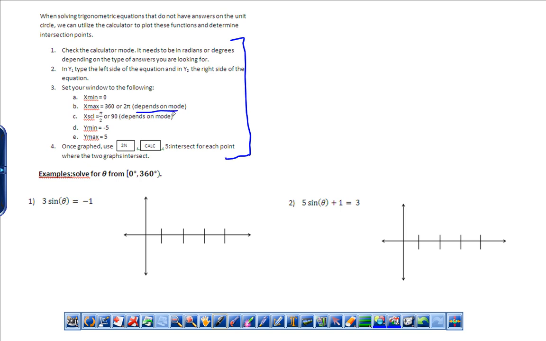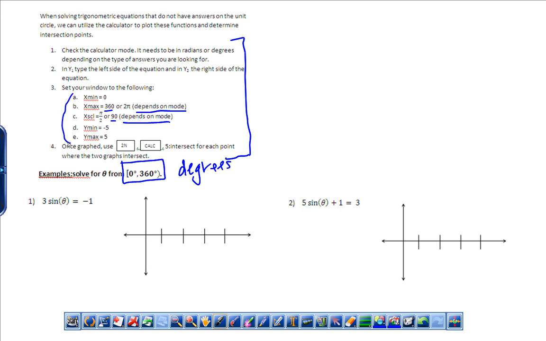This right here says depends on mode. You know your mode by this. So these two problems are going to be done in degree. If you're in degree, you're going to use 360 and 90. If you're in radians, you're going to be using the 2 pi and the pi over 2.